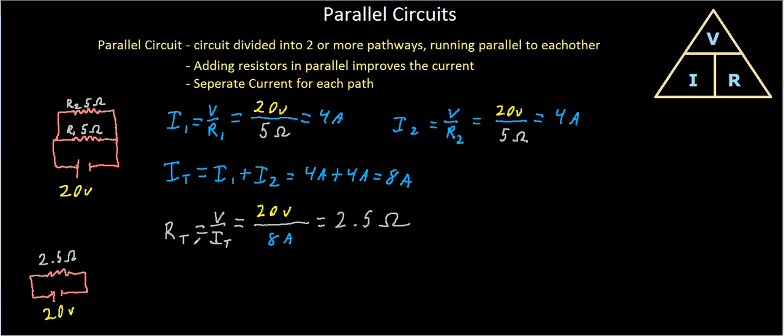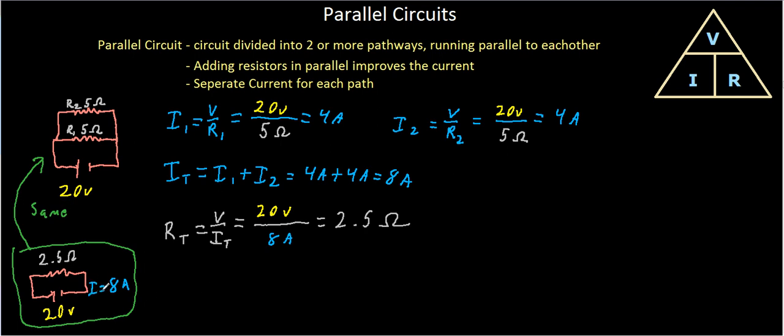And the current doubles, from one current of 4 amps and another current of 4 amps to a total current of 8 amps. So we could say that this circuit here is essentially the same as the other. And I'll go ahead and write current equals. But hopefully this is incredibly simple for you.